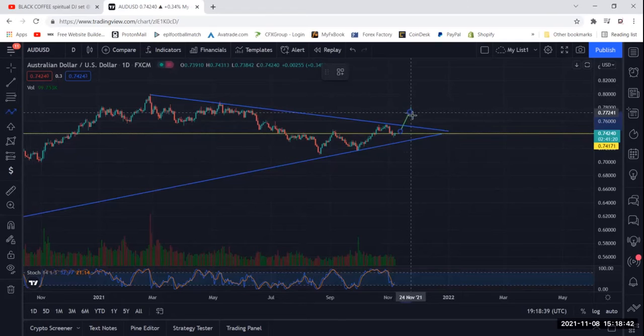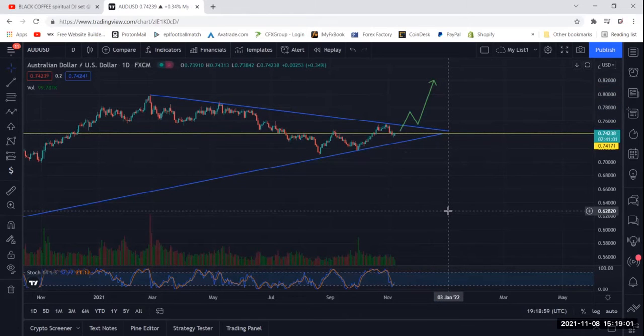If we break out above here, we'll expect to see a retracement to test this area, the breakout level, before we start to see the price pushing higher. That would be one possibility from where price is.